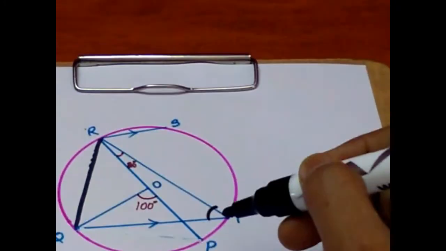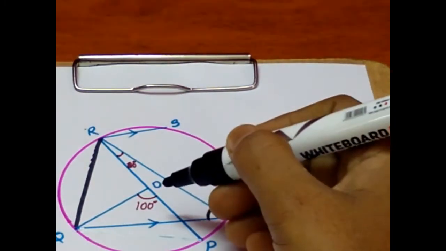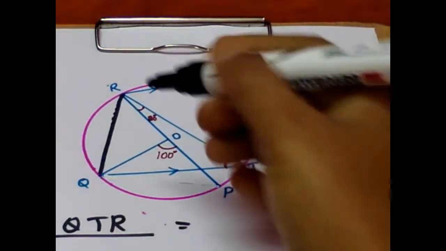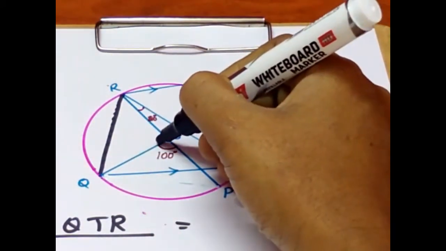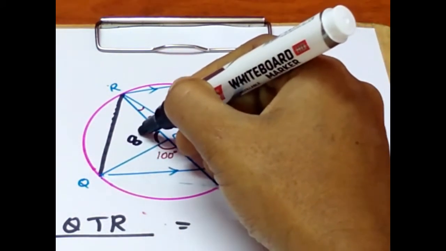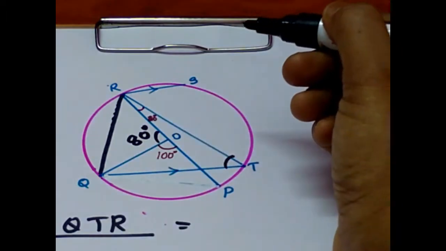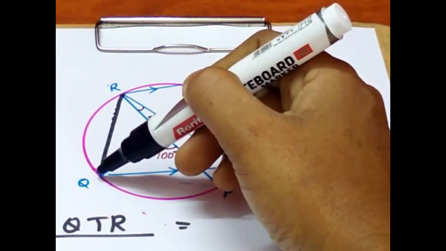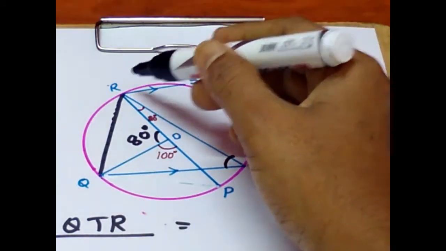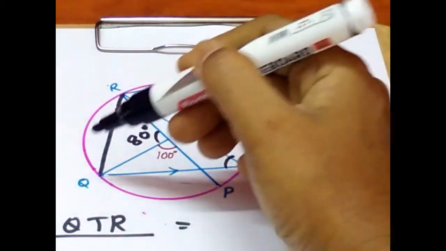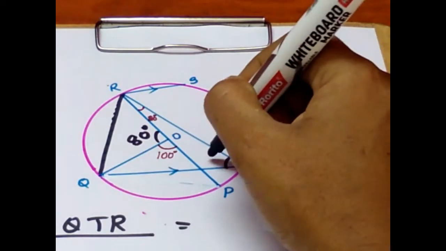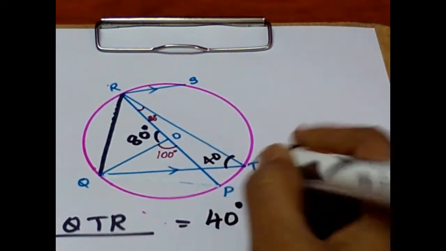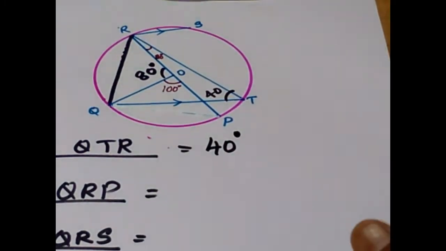Already we know that angle QOP is equal to 100 degrees. Hence, the other angle, angle ROQ, is equal to 80 degrees, as they are a linear pair. So, if angle ROQ is equal to 80 degrees, then angle RTQ or QTR will be equal to 40 degrees. Angle at the circumference is half the angle at the center.